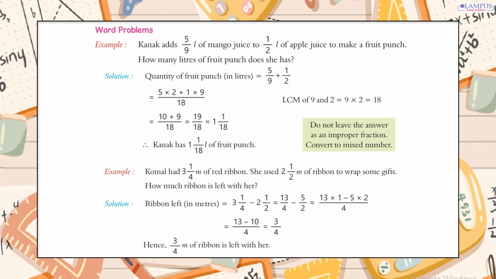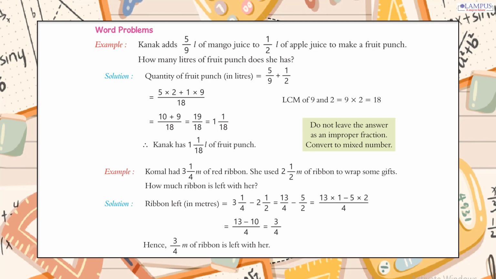Word problems. Example. Kanak adds 5/9 liters of mango juice to 1/2 liters of apple juice to make a fruit punch. How many liters of fruit punch does she have? Solution. Quantity of fruit punch, in liters, equals 5/9 plus 1/2.